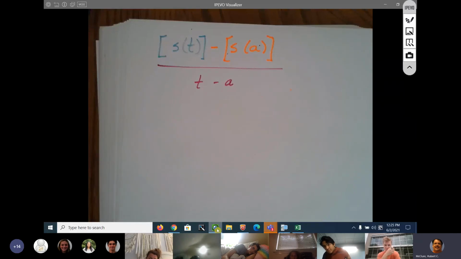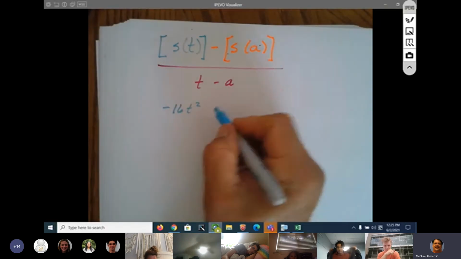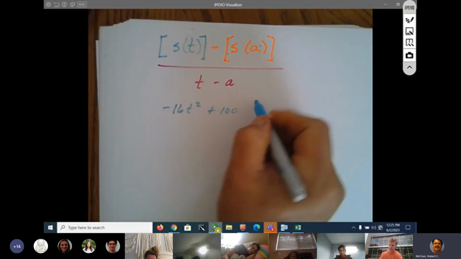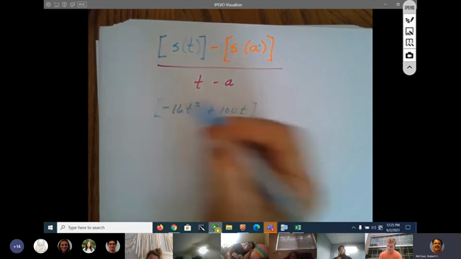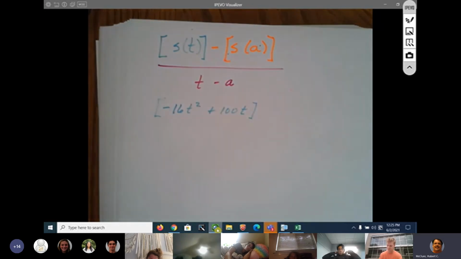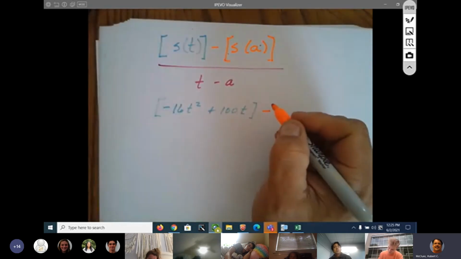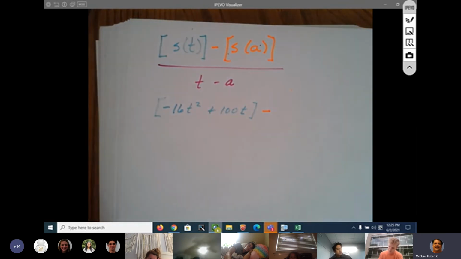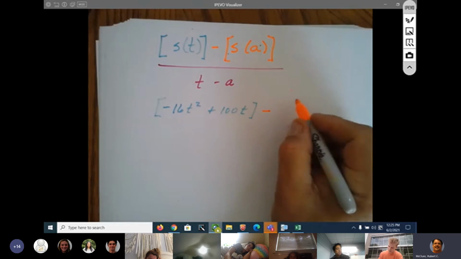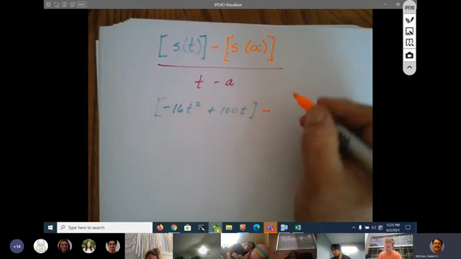And that's going to give us negative 16t squared plus 100t minus, well, s of a, you're going to plug in what? You're going to plug in a 2 there, right? You plug in 2 wherever there's a parenthesis.